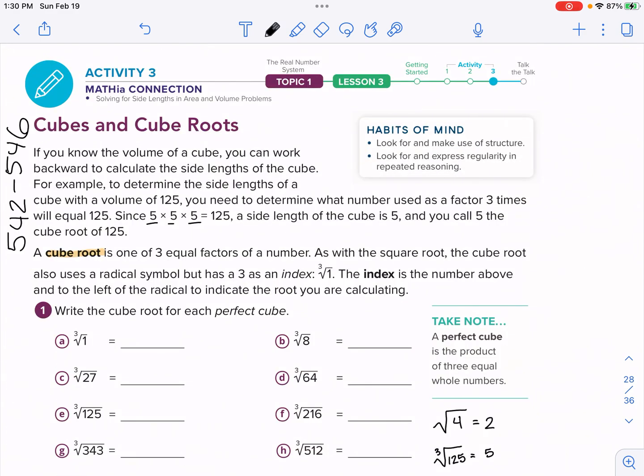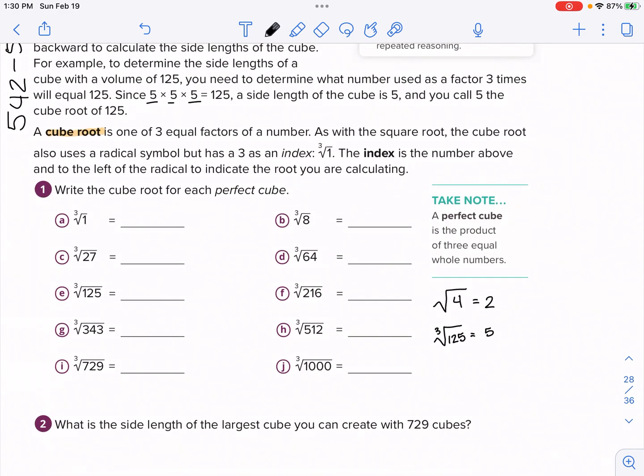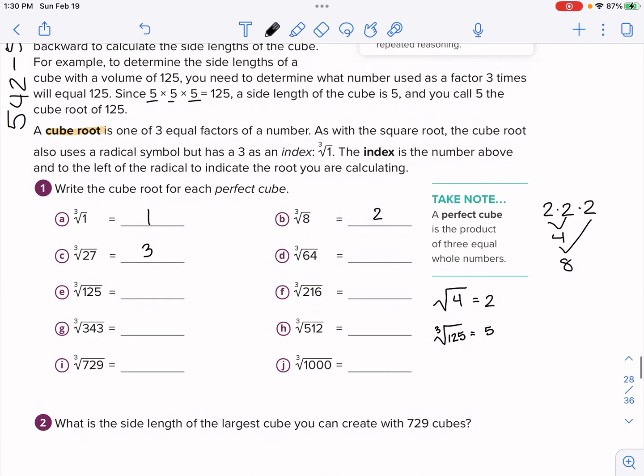Okay, so cube root of 1 is 1. If you look back at that past page, cube root of 8 is 2 because 2 times 2 times 2, I'll do this off to the right, is 8. 2 times 2 is 4, 4 times 2 is 8. Cube root of 27 is 3 because 3 times 3 times 3, right? 3 times 3 is 9, 9 times 3, that's where we get 27.